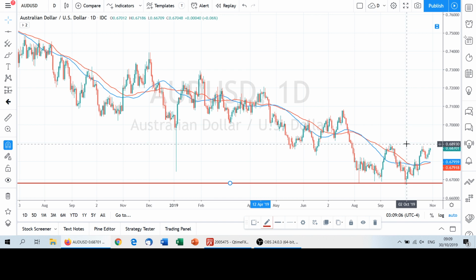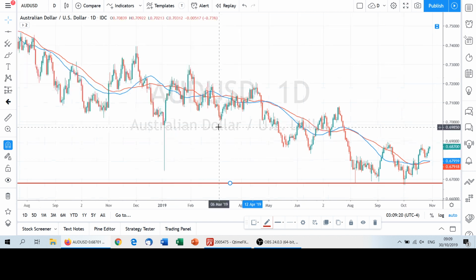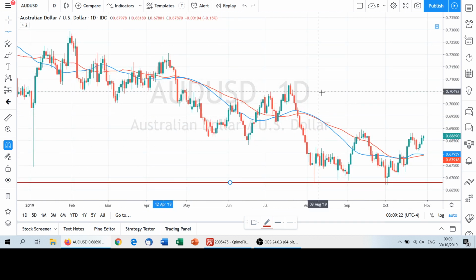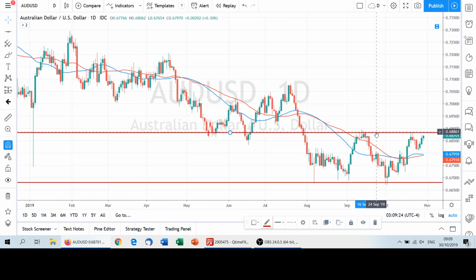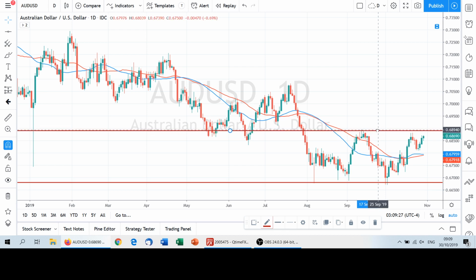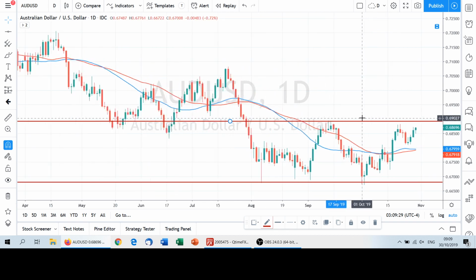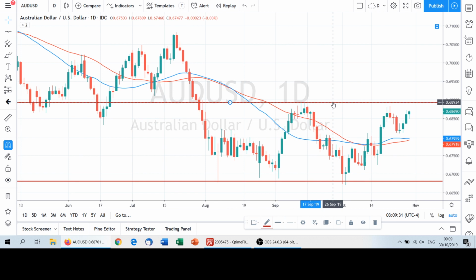What we need to focus on now is the thing stopping more advancing, and of course it can be specified using these lines. As you can see, guys, we have been trading between, let's call it, it's not 69, it's just a few pips below 69.